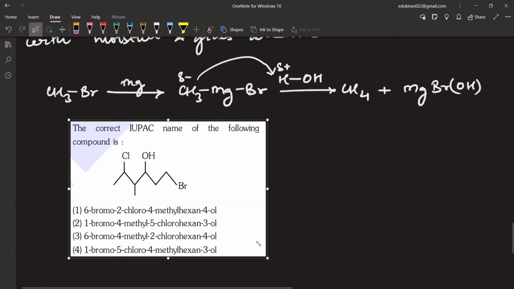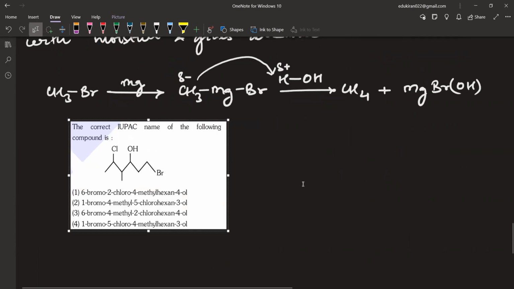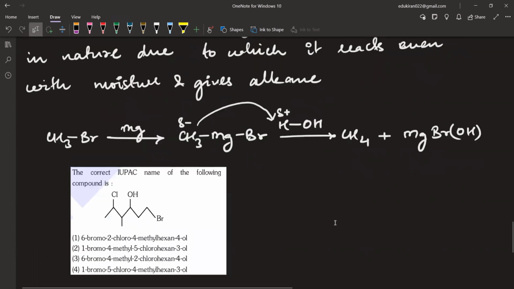Those who are done now, try this question. This was also asked in this year's NEET. The correct IUPAC name of the following compound. Now listen, I'm just helping you with how you have to attempt this. First, you will see the functional group.